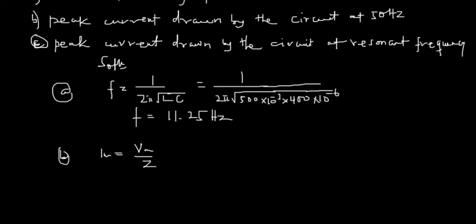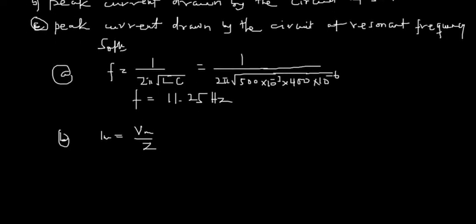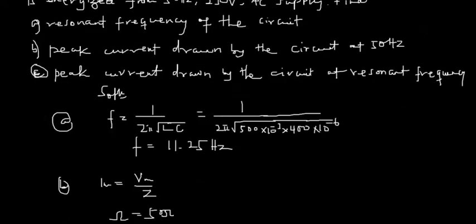So first we need to calculate Z, so that we can substitute that into Im to find our peak current. Now you know that our resistance is 50 ohm.